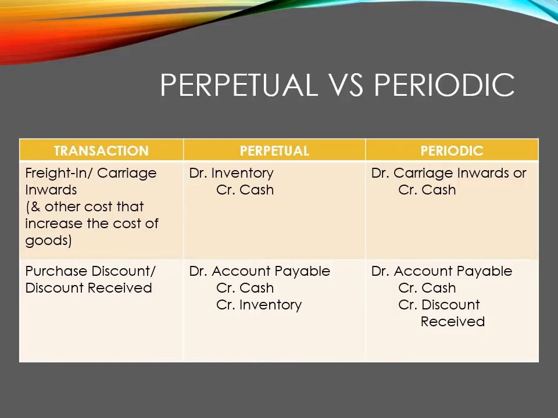However, if you adopt the perpetual inventory system, you will debit account payable, credit the cash, and credit the inventory. So the discount received account no longer exists if you use the perpetual inventory system.